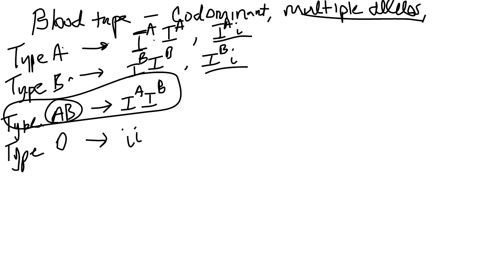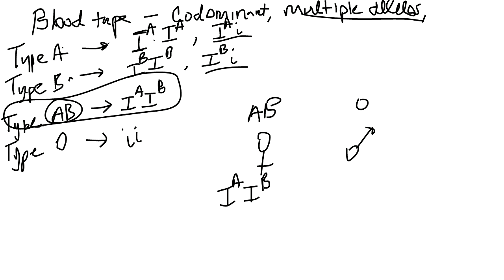So the woman is AB and the man is O. The first thing we need to figure out is each of their individual genotypes, and this one's easy because there's really only one way to be AB: IA, IB. And there's only one way to be O, and that is to be little i, little i.